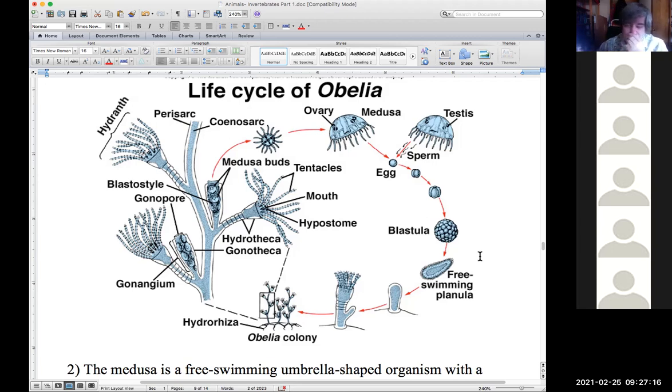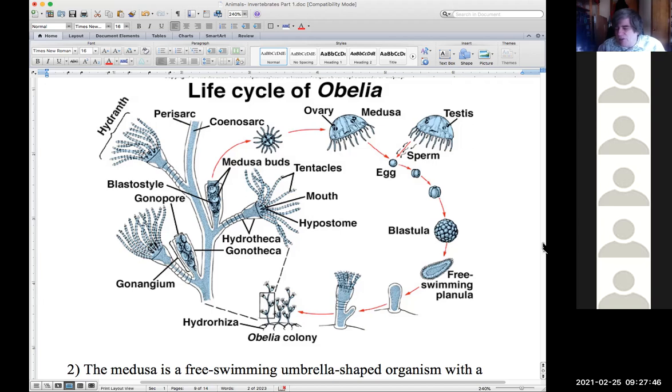So in some groups of cnidarians, the medusa stage is dominant. In some groups of cnidarians, the polyp stage is dominant. And over long periods of evolutionary time, there are some groups of cnidarians that have completely lost the polyp stage, and they only live as medusa. And there are some that have completely lost the medusa stage and only live as polyps.